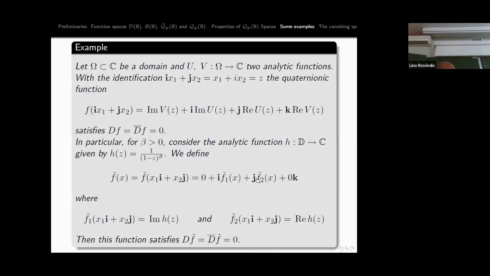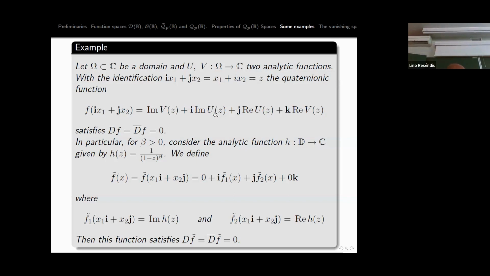And here there is another example. If we consider some domain in C, and we consider any analytic function on this domain, and we make this identification, we identify this quaternionic variable with this complex variable, and then we form this quaternionic function.